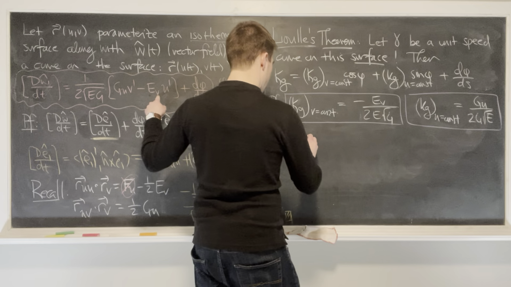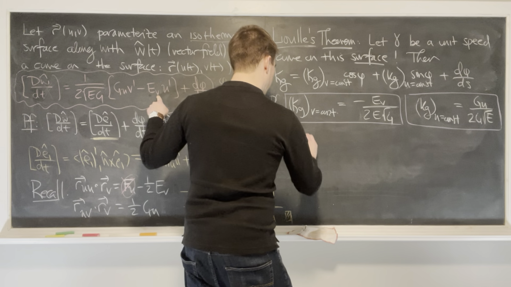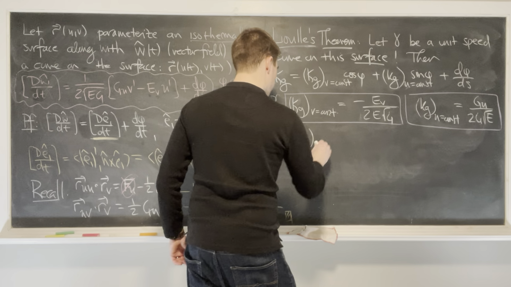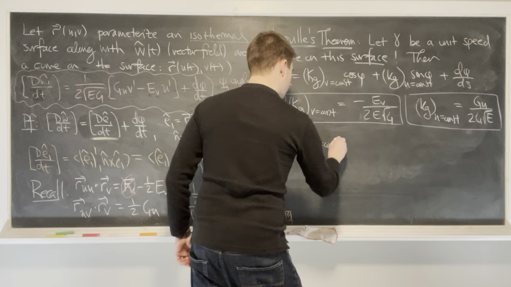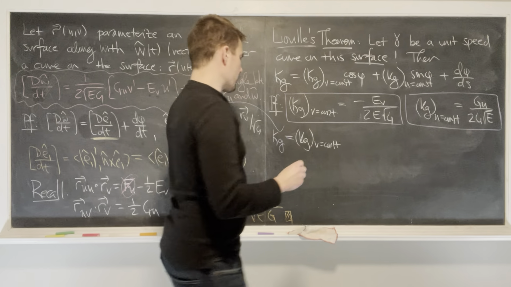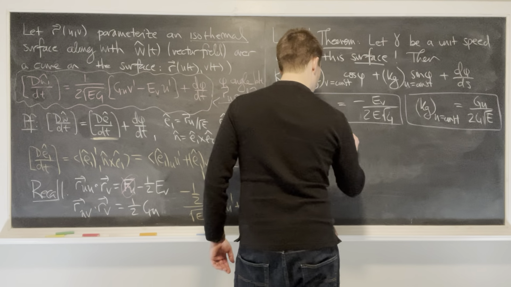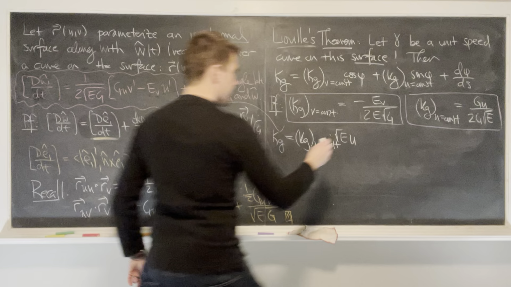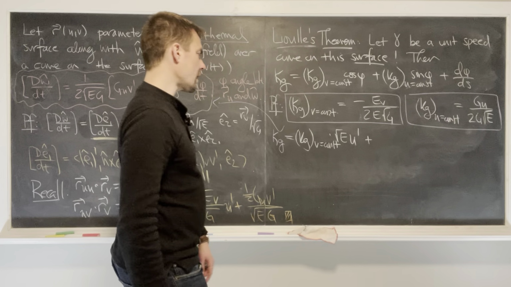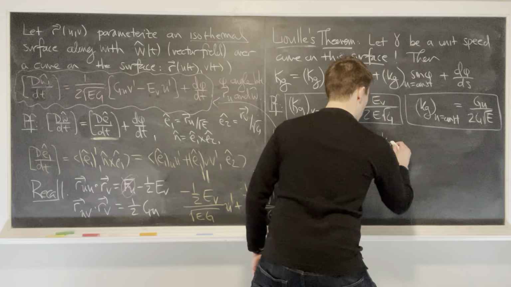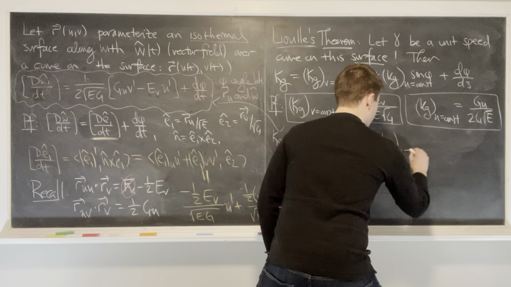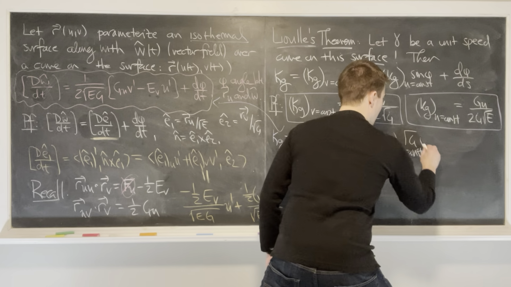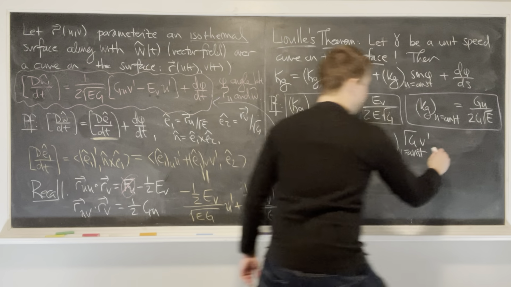So that's going to be a kappa g when v is constant, at the penalty of a root E times root E times u prime, plus kappa g when u is constant times root G v prime plus d phi ds.